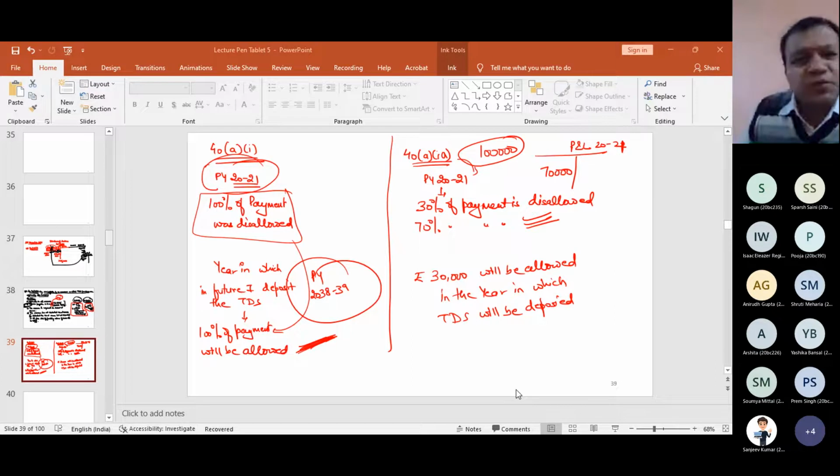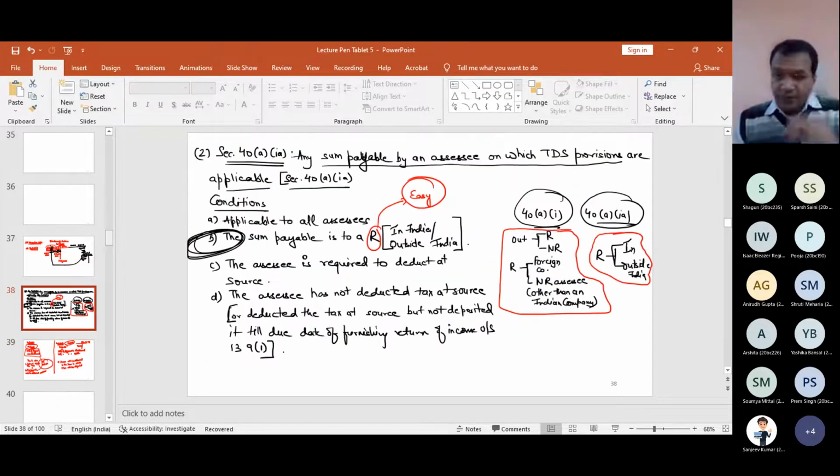But can you notice some problem here between 40A1 and 40A1A? Can you notice something which is not looking correct? If I show you the previous slide, can you sense some problem?